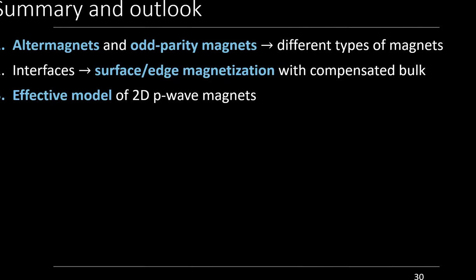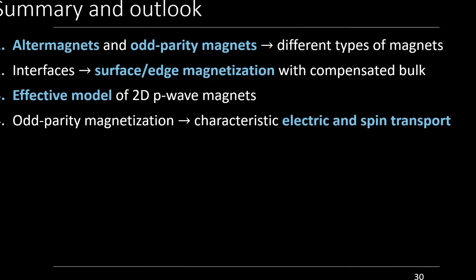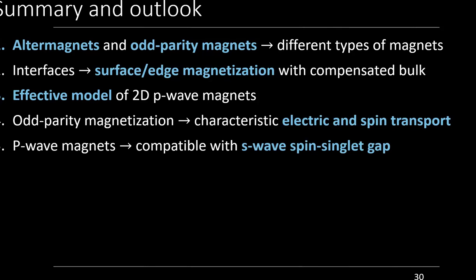I also derived the effective model of P-wave magnets, perhaps the simplest minimal model for these materials, and applied it to spin and electric transport. I also showed that P-wave magnets, or actually any odd parity magnet, can perfectly coexist with the simplest spin singlet S-wave superconductivity and can show also interesting effects, namely the transverse spin current.